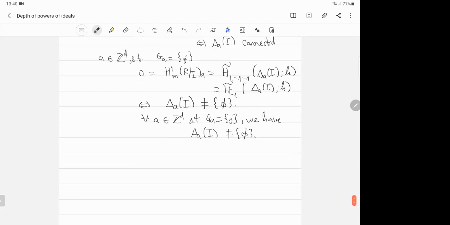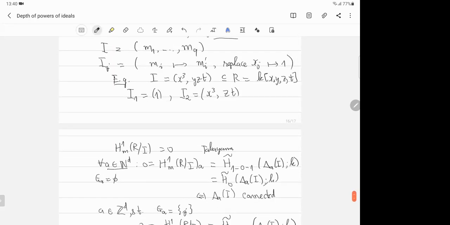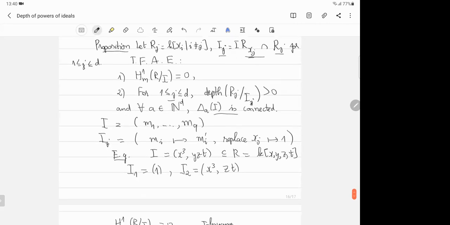So that lemma tells you that if you want this for every a with negative support being {j}, then it is equivalent to R_j modulo I_j having positive depth.